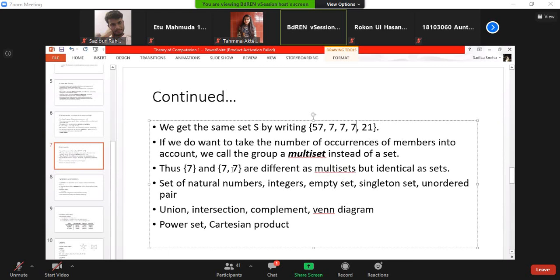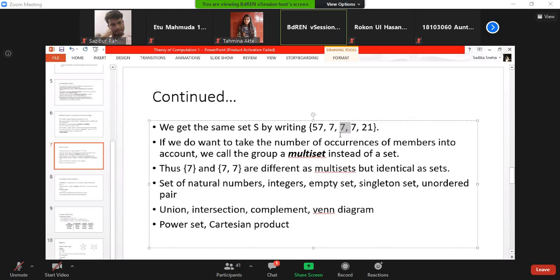When they are in different sets, the sevens can be considered different. But when they are in a single set, we don't consider them separately. They are like one, but we have to consider that they are part of other sets. Two sevens are part of one set and one 7 is part of another set. So it is an anomaly. Why?